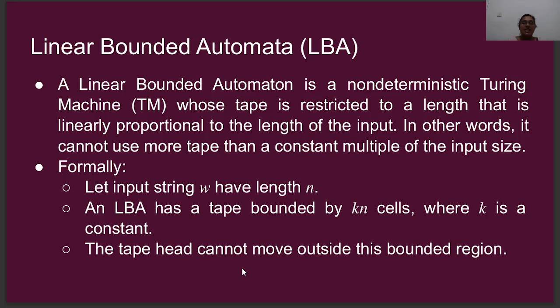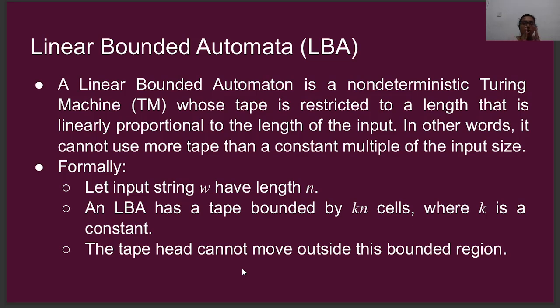In other words, the linear bound automata cannot use more tape than a constant multiple of the input size. Formally, let the input string be w and have a length n, and the LBA has a tape bounded by kn cells, where k is a constant.